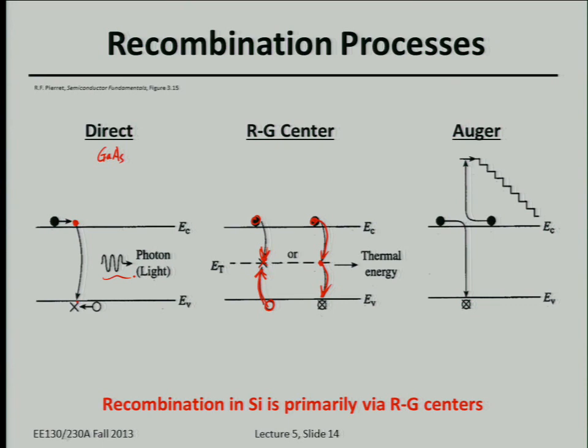So that's why this process is more difficult to happen. But as long as we have those trap centers, by providing or releasing a much smaller energy, we can assist this process, we can trigger this process to happen at a very high probability. So that's the difference between the two, okay? So this RG center assisted, yeah, go ahead.